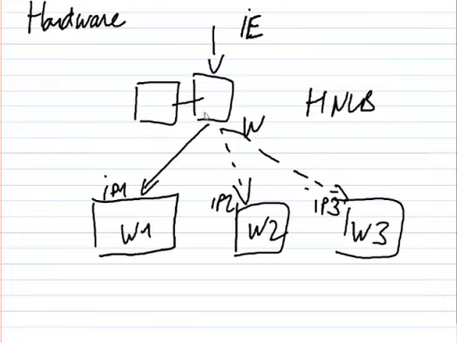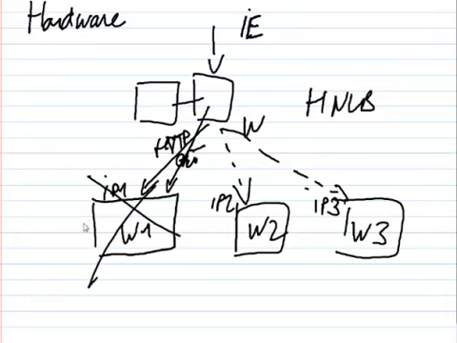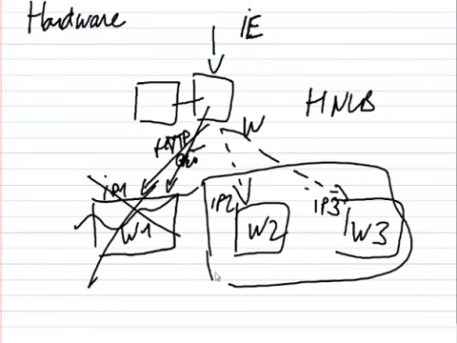So for instance, it will issue an HTTP GET here. If it gets a response, then it considers that W1 is live. If it does not, then it will move W1 away from the web farm, and the web farm will be composed of W2 and W3 only. So each request will be sent either to W2 or W3, but never to W1.